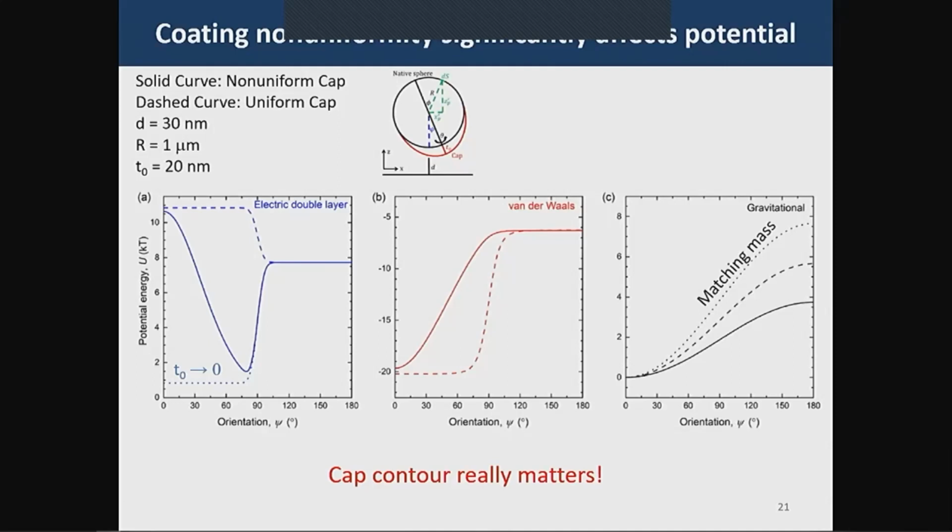And then here, gravitational is kind of similar to the van der Waals, and you get quenching that again depends upon essentially the mass. And here we've done 2 cases where it's identical thickness at the top. So they have different masses, but this top line has a mass that matches the uniform cap case.